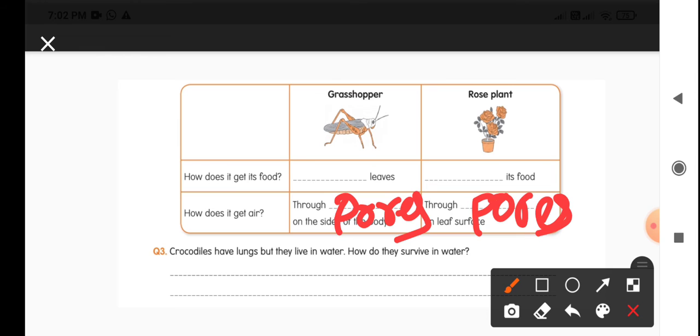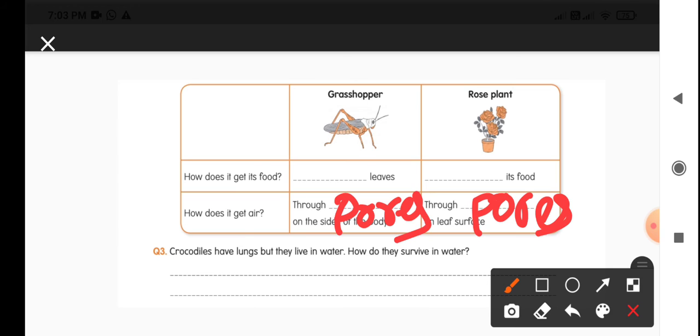Now crocodiles have lungs, but they live in water. How do they survive in water? They have lungs, but only for breathing time. They'll come to the land for breathing. They'll keep their nose outside while breathing, and then they go inside.